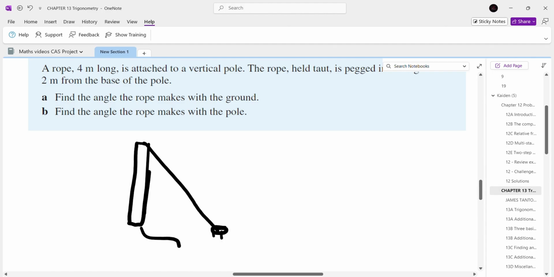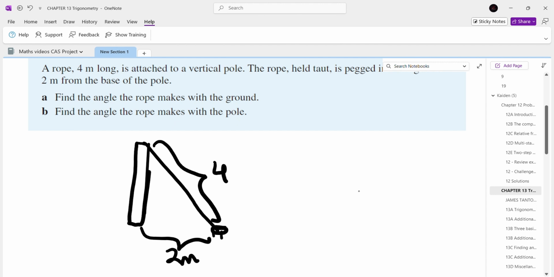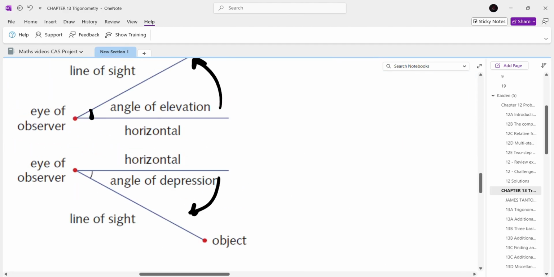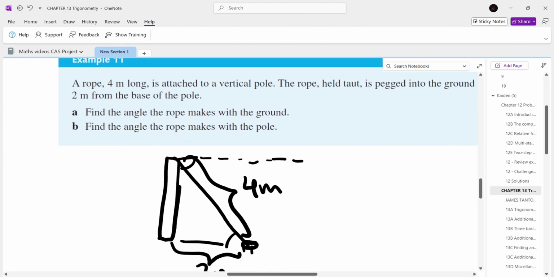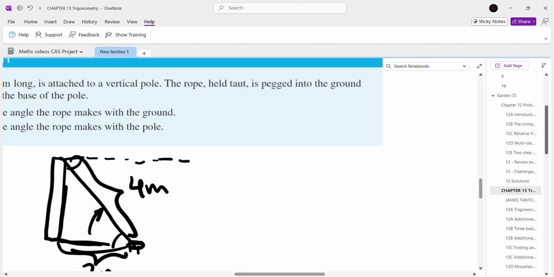Being pegged 2 meters from the base of the pole means it's 2 meters away, and we have our length here of 4 meters. This right here is the angle of depression. We've got our angle of elevation right here. Find the angle that the rope makes with the ground. This would be our angle of elevation.